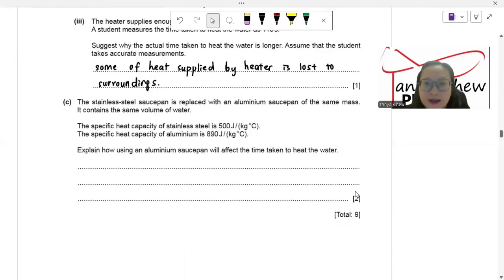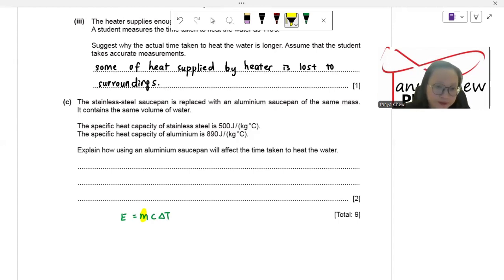Now, since they give the specific heat capacity, I will teach you an easier way to do it. Whenever you see this type of question, when they have two different values, it is important that you write down the equation to relate them all. So I will use E equals mc delta T. They mentioned that the mass is the same and the same volume of water.